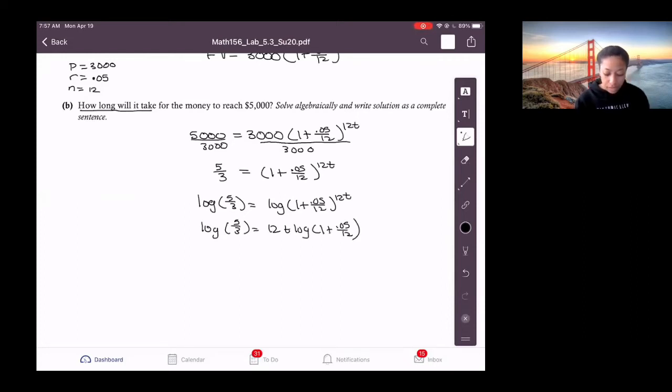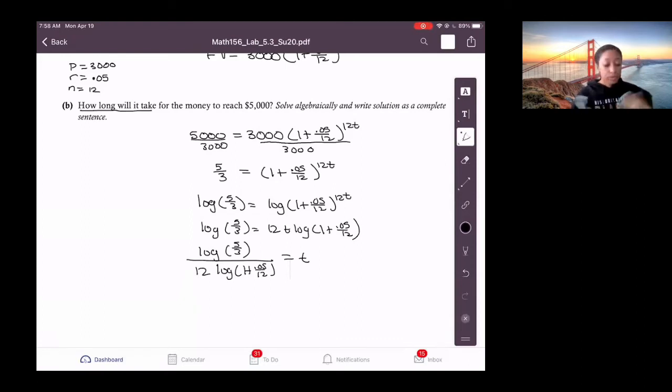Then on the right-hand side, we have 12 times t times log of (1 + 0.05/12). We want to divide to get t by itself. We take log of 5 over 3 and divide by 12 times log of (1 + 0.05/12). Then we've isolated our t.